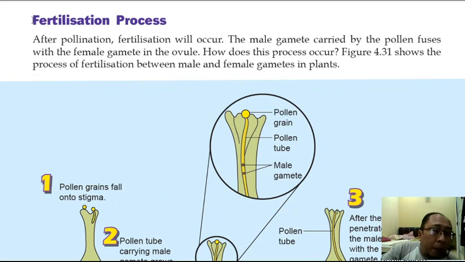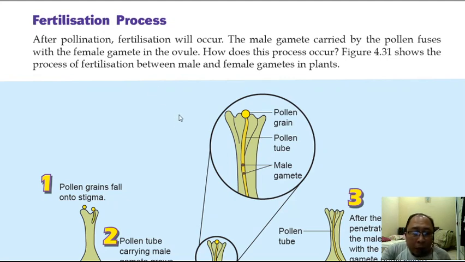You have learned about the fertilization process in human beings or animals. That is the process of combination or fusion of the male gamete and female gamete. So fertilization in plants also has the same concept, that is the combination of male gamete and female gamete also happens in plants.